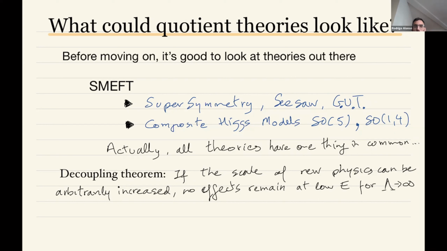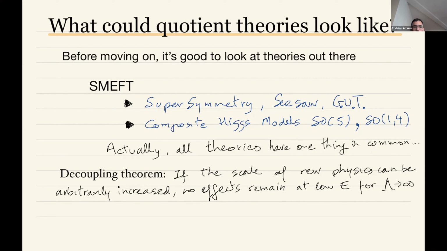And as it happens, most of the theories, the BSM theories anyway, that you're familiar with, they all fall generically in the SMEFT camp. So both supersymmetry, say the seesaw model for neutrino masses, grand unified theories, but also composite Higgs models, or even exotic possibilities like non-compact groups, they all belong in SMEFT.